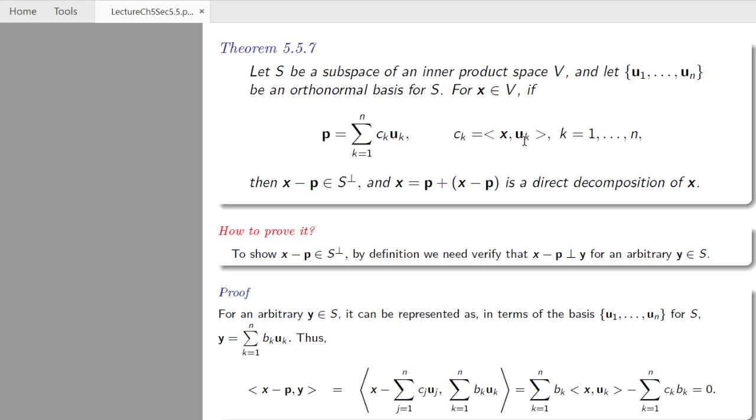That's the sum here, so these two summations are the same, and the value here is 0. That means X minus P is orthogonal to each vector Y in the subspace S. That means X minus P belongs to the orthogonal complement of S. So we proved the theorem.